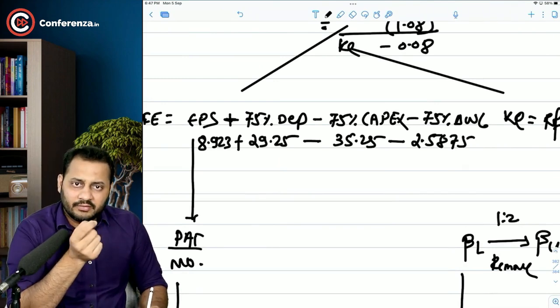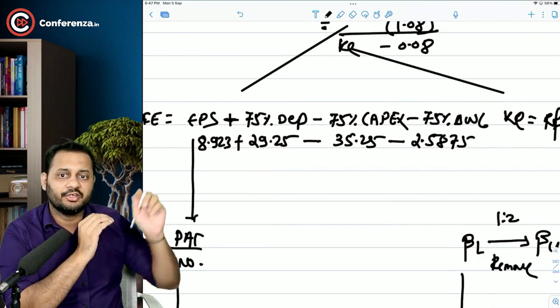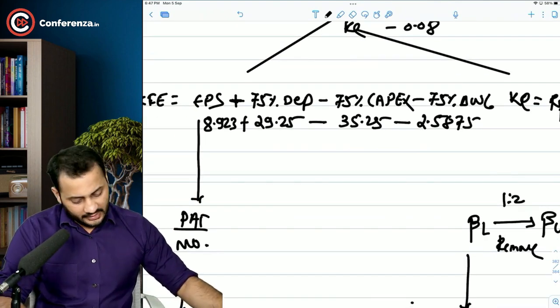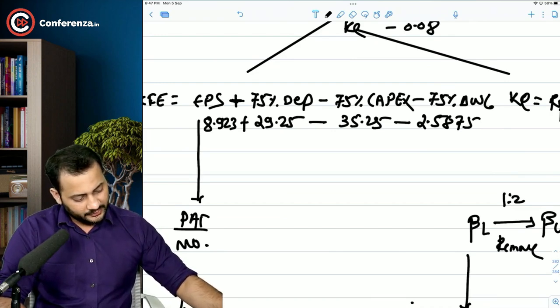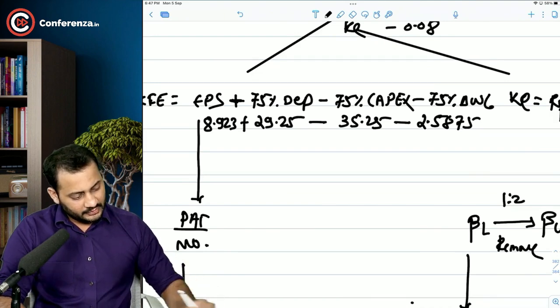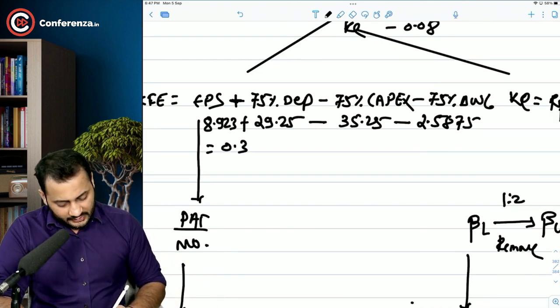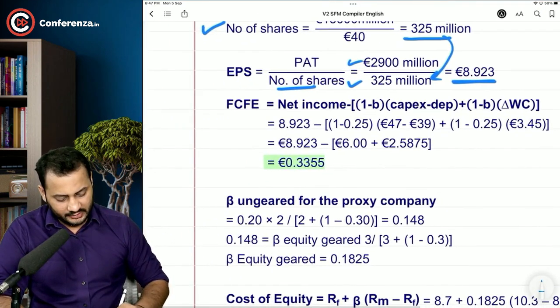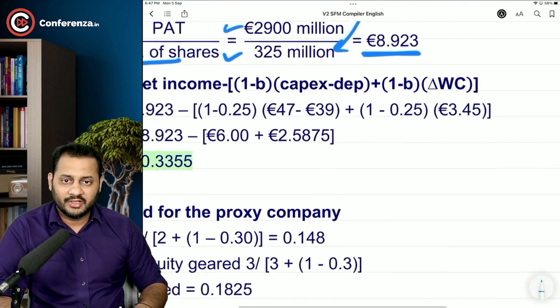Why are you taking 75%? Because that's the only share of equity shareholders. 8.923, add back depreciation 29.25, deduct capital expenditure 35.25, minus 2.5875, that goes to 0.3355. Let's check that, 0.3355.